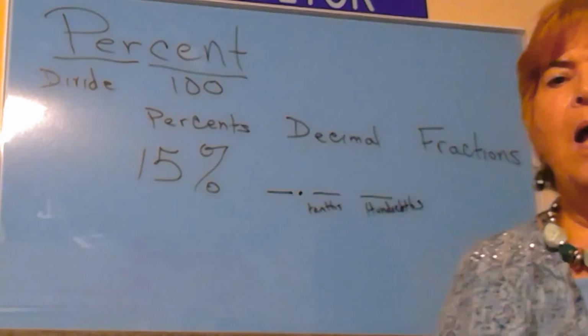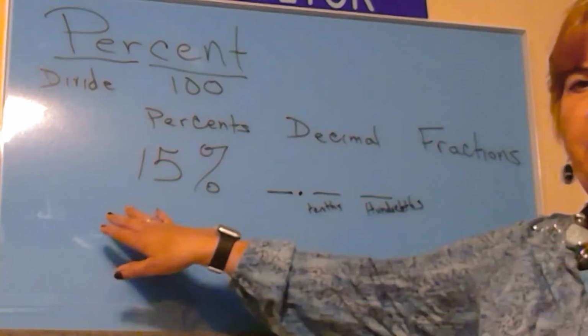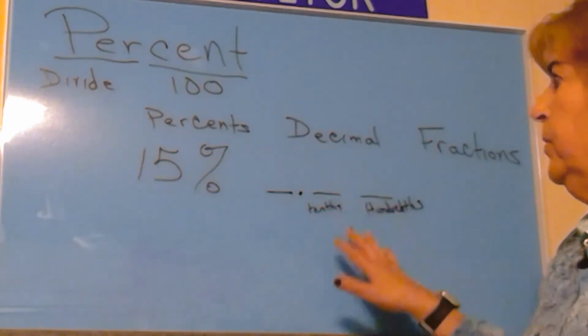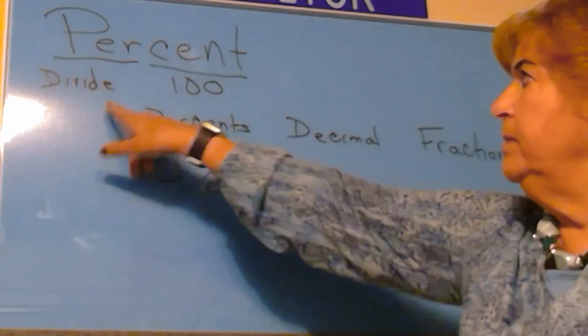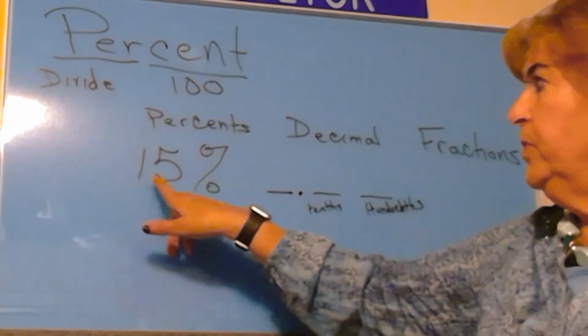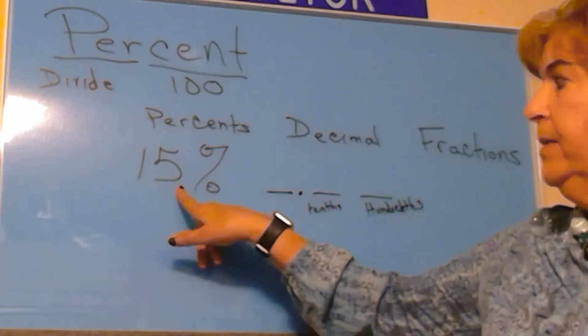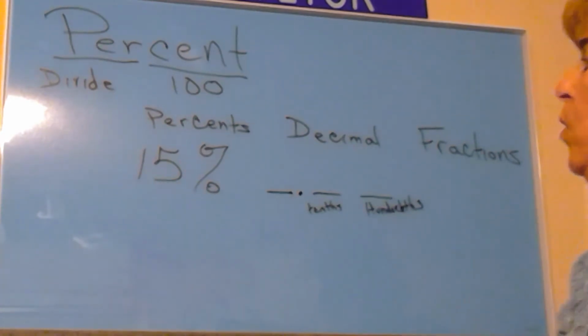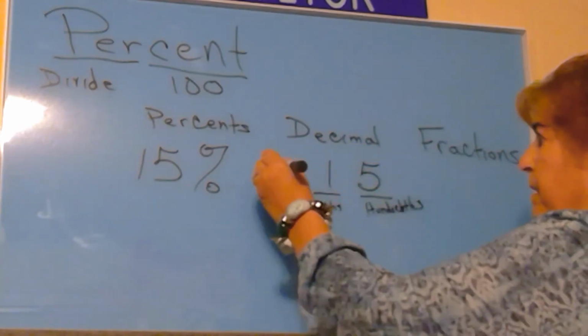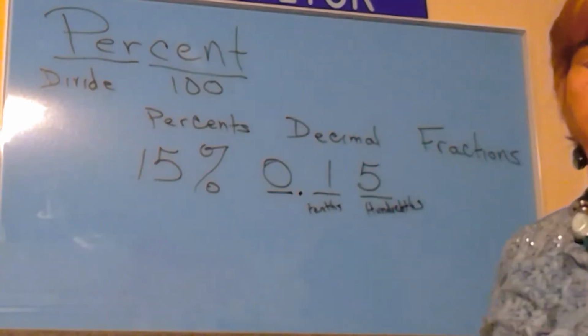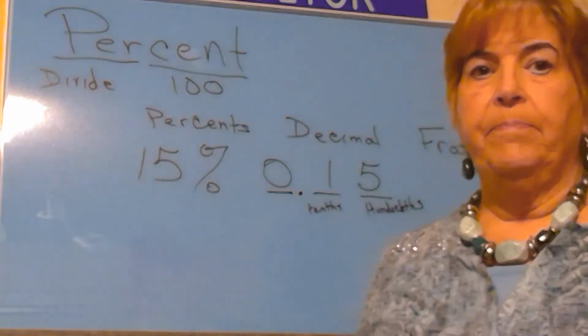Okay. When changing from a percent to a decimal, remember the percent sign means to divide by 100. So this means I'm going to take 15 and divide it by 100, which is actually going to give you 15 hundredths. You can put a 0 in front of the decimal point.